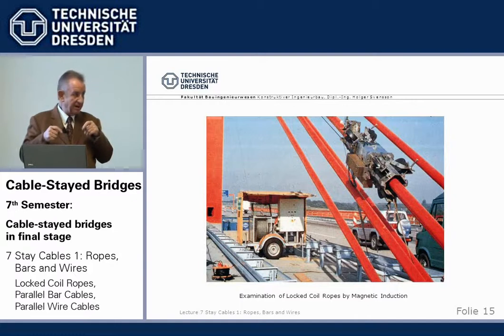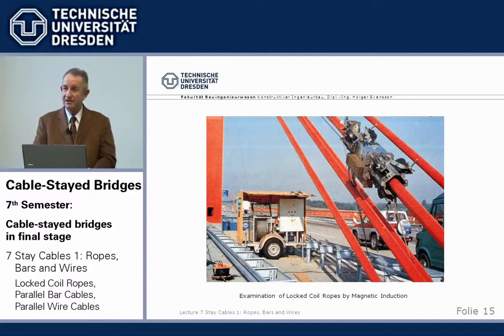Okay, lately, 10, 20 years more, it is done by magnetic induction. There is a magnetic ring going through, and then the echo on the other side, when it goes through the wire, shows up wire breaks.